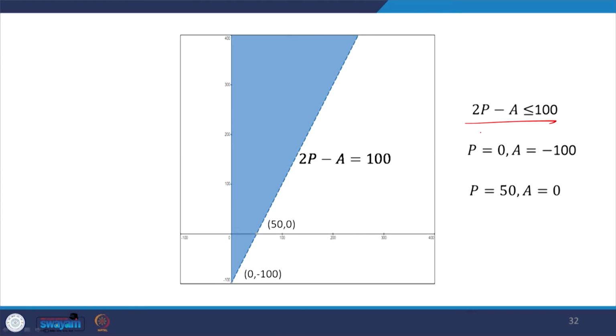I need to plot it. So, substitute p equal to 0, you will get a equal to minus 100. So, this is the point. When you substitute a equal to 0, you will get p equal to 50. So, this is another point.